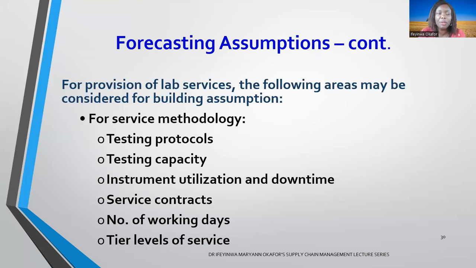Now, for the laboratory, using service methodology, that is service data, some of the forecasting assumptions are testing protocols, testing capacities, instrument utilization and downtime, service contract, number of working days, tier levels of services.